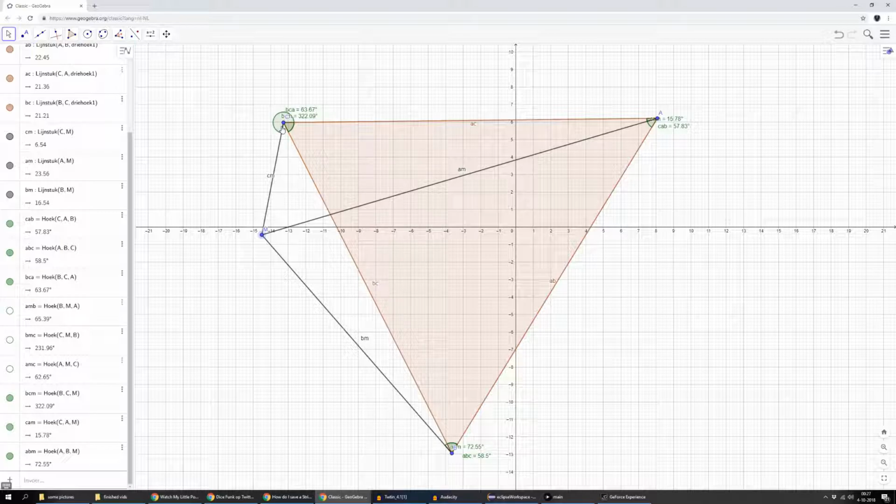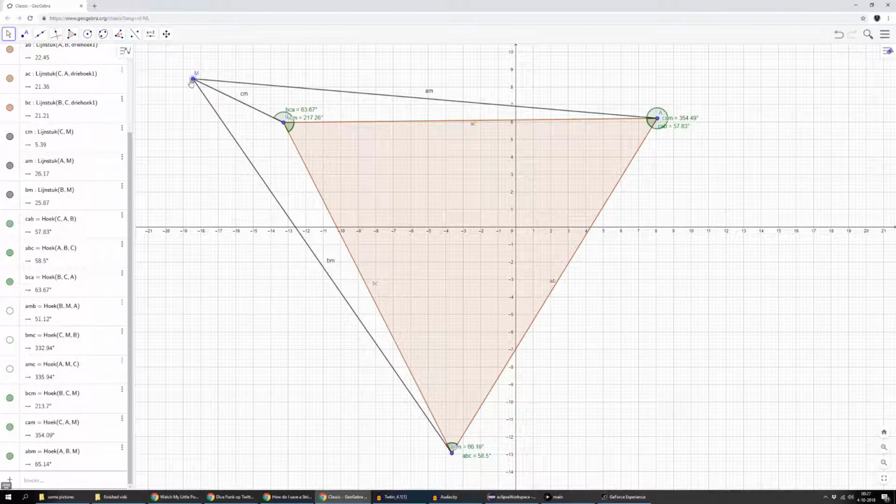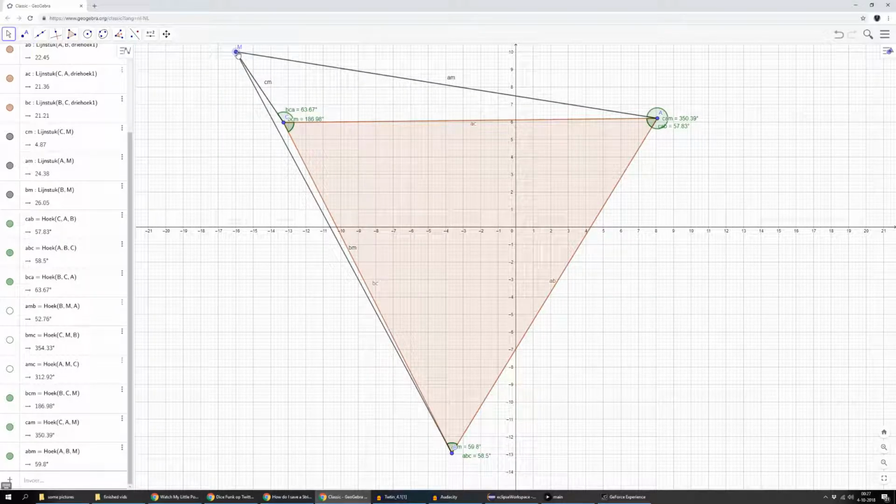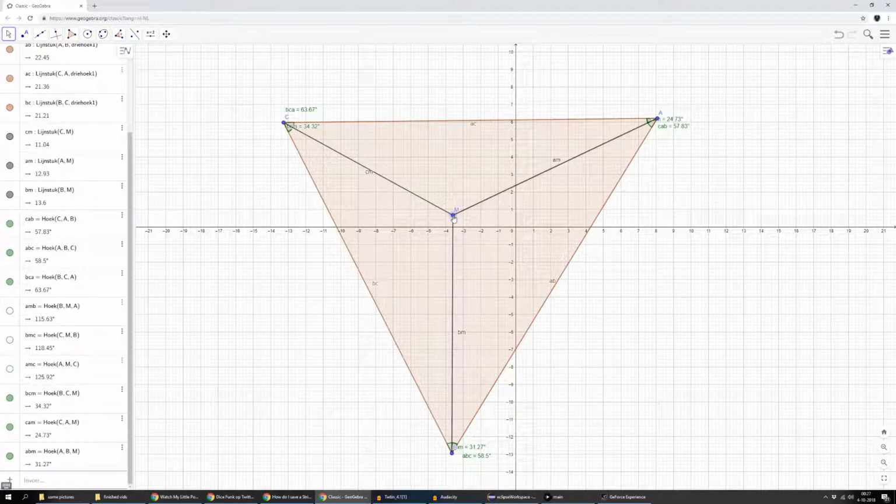Which is very true. But in that case, ABM will be larger than ABC. And no matter what, this will always work. So that's the thing we are going to need to find. We need to be able to find the angle CAB or ABC, doesn't really matter, we need all three. And we need the angle ABM.